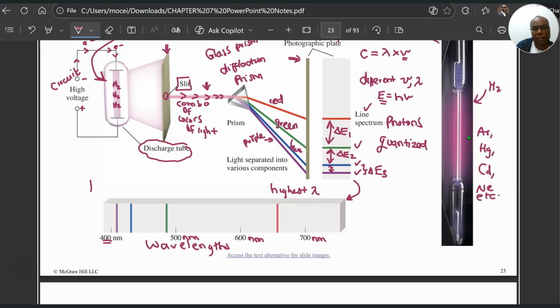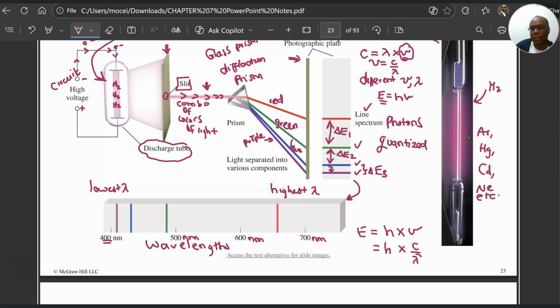The purple will have the lowest wavelength. Now, who's going to have the highest energy? We know that energy equals Planck's constant times frequency. We also know that frequency itself is speed of light over wavelength. We did this before. So frequency will be equal to speed of light divided by wavelength.